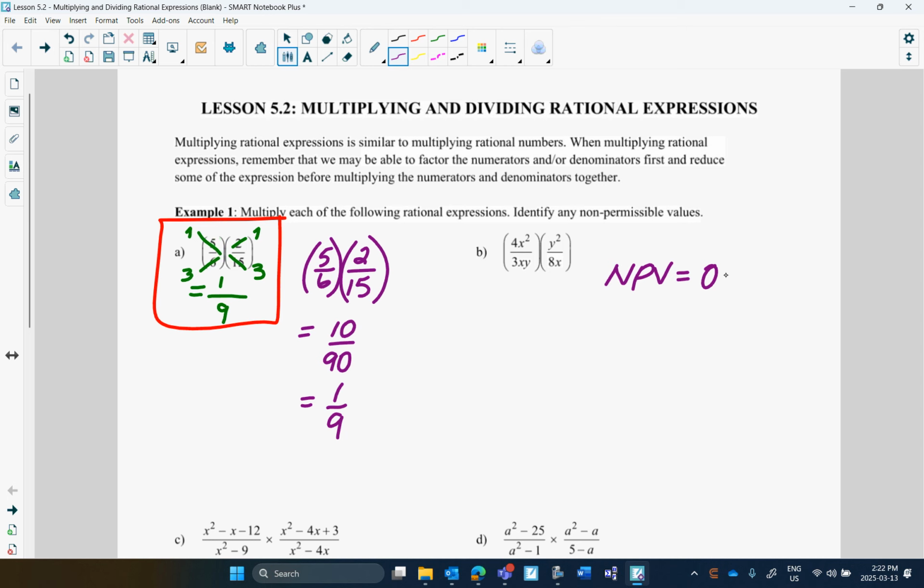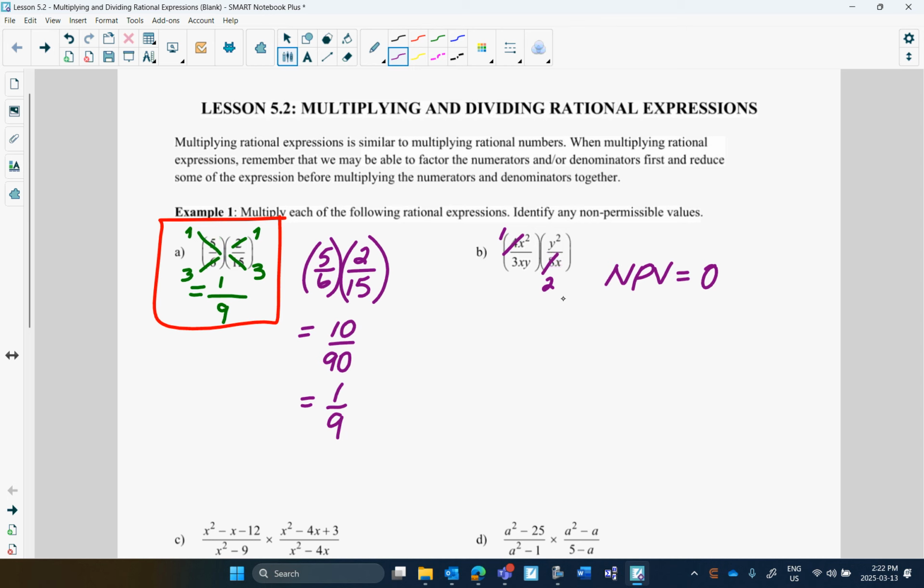And notice we can reduce numbers, like Sonia did here, but we can also reduce variables. So the 4 and the 8 reduce to what? 1 and 2. Now there's a 3 on the bottom too over here, but there's nothing to reduce with up top. So I'm done with the numbers.